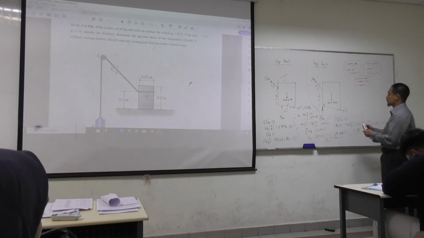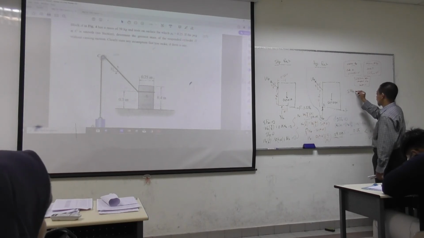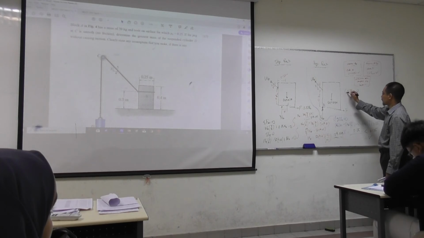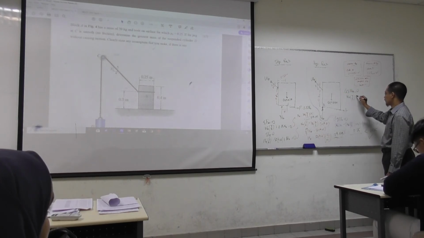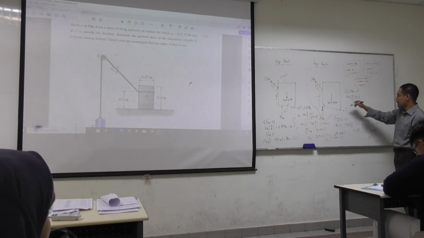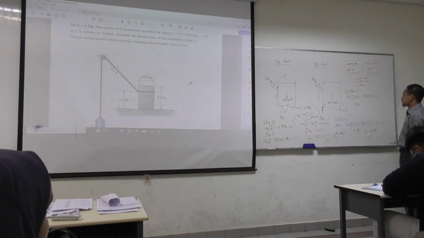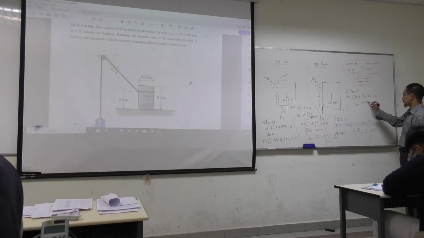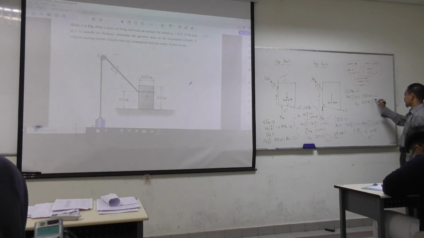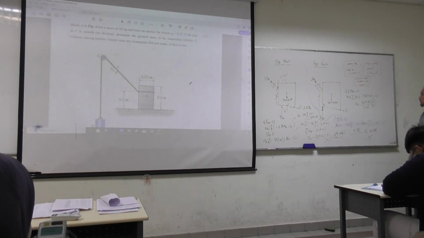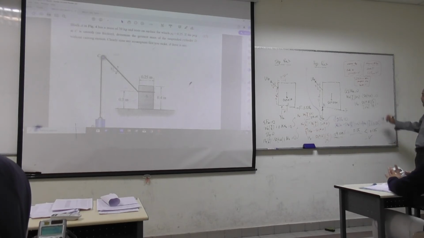So I can calculate summation of moment about point A is 0. If we take counterclockwise positive, so in this case W will be 4/5, 0.3 minus 50, 9.81 to 0, right? What is it? 50 times 9.81 times 5/4 divided by 0.3. You can calculate.